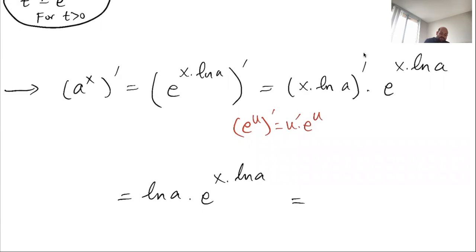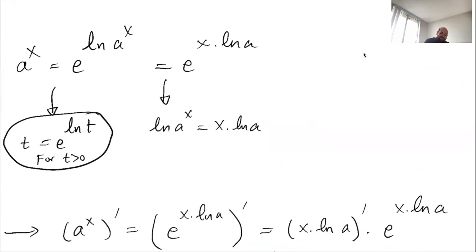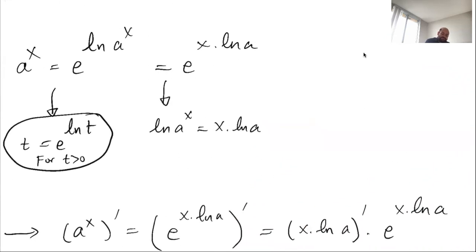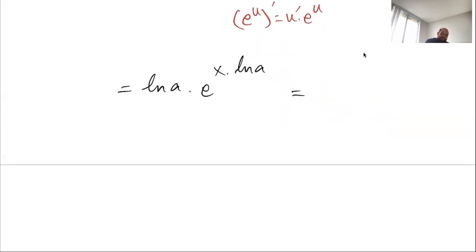And again, e to the power x times ln a, we know that it's a to the power x, right? We had the formula here. e to the power x times ln a is a to the power x. So this one we can write as ln a times a to the power x.